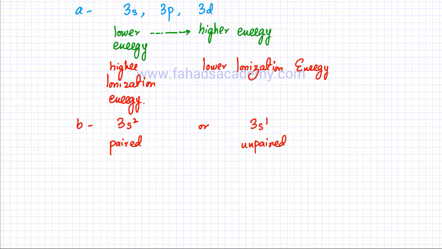So I have two atoms. In one, you're removing an electron from the 3s2 orbital, and in the other you're removing an electron from the 3s1 orbital.